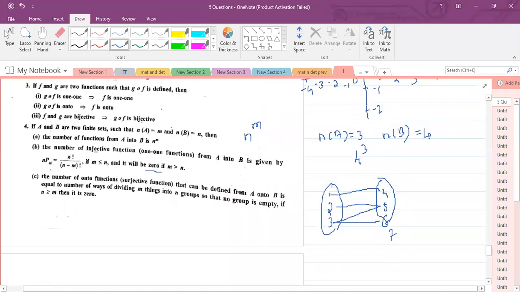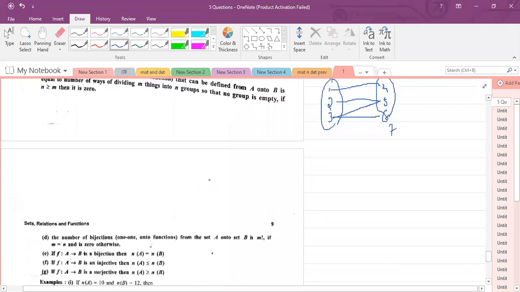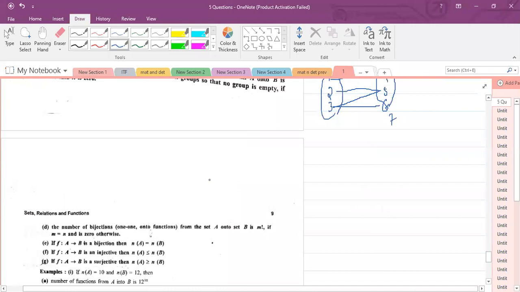Then the number of onto functions, surjective functions, from A to B is equal to the number of ways of dividing m things into n groups. That is, if n is greater than m, then it is 0. Otherwise, we don't have a very simple formula.